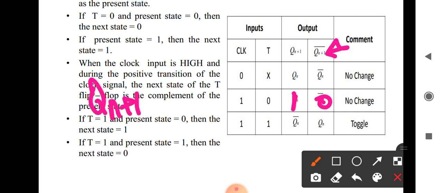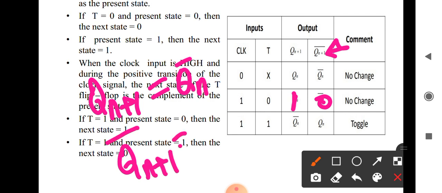So the next state will be the complement of the present state. So this is the present state. That is q1 plus 1 is equal to q1. So this is that next state is equal to present state.